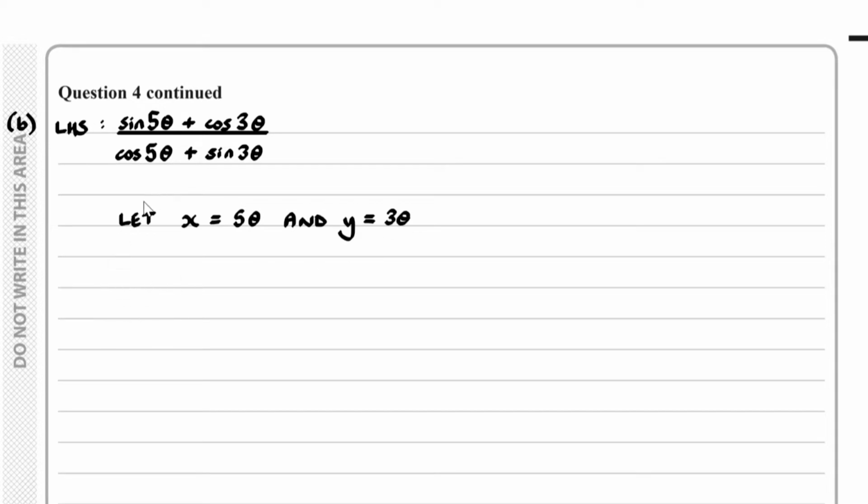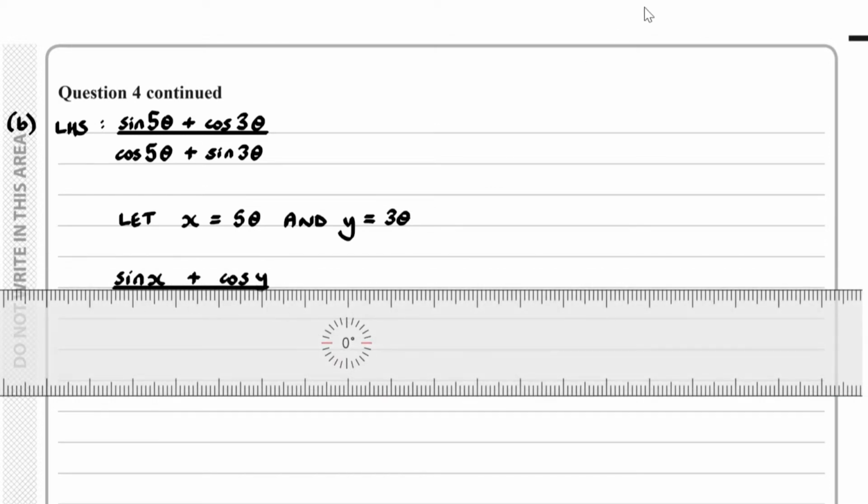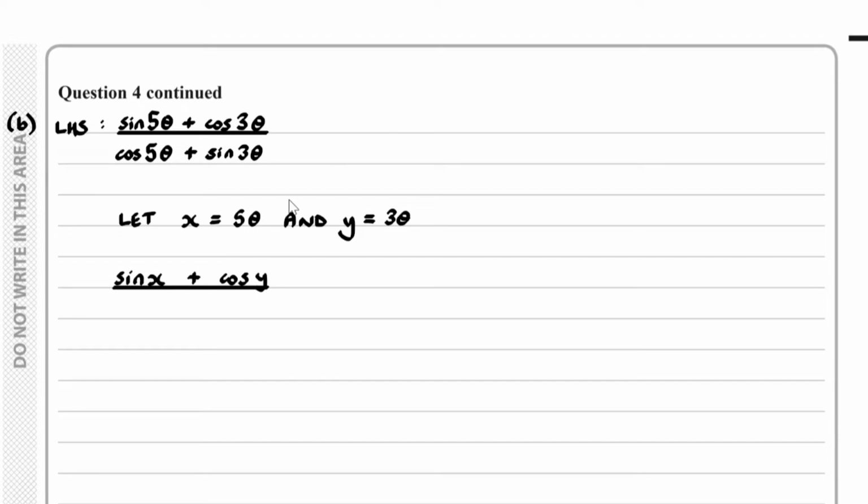And so what we would have on the left hand side then is sine x plus cos y divided by cos x plus sine y.